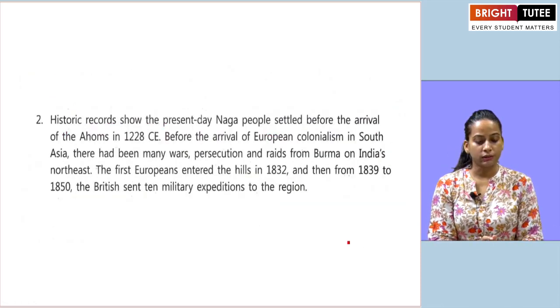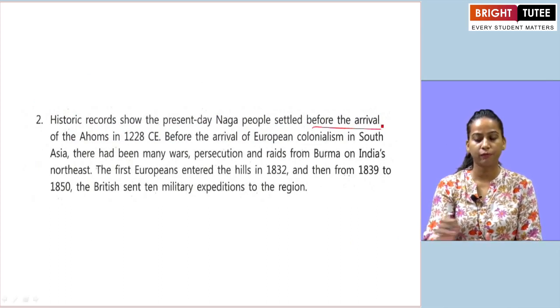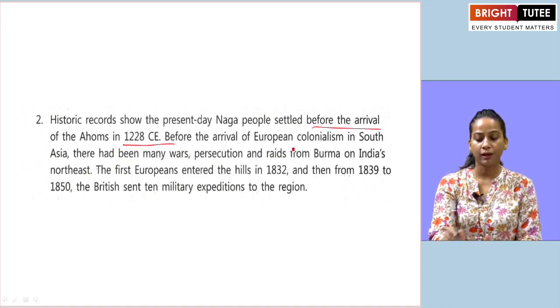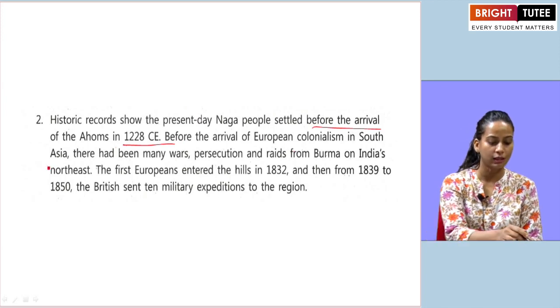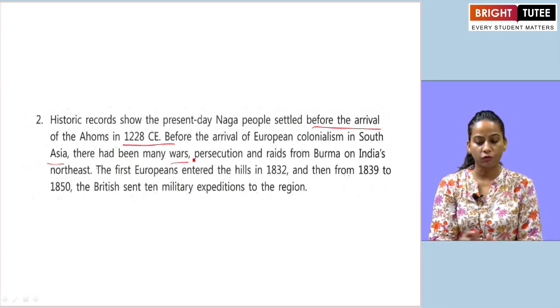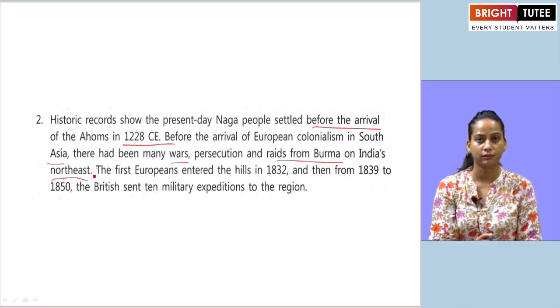Historic records show the present day Naga people settled before the arrival of the Ahoms in 1228 century. Before the arrival of European colonialism in South Asia, there had been many wars, persecutions and raids from Burma on India's northeast.